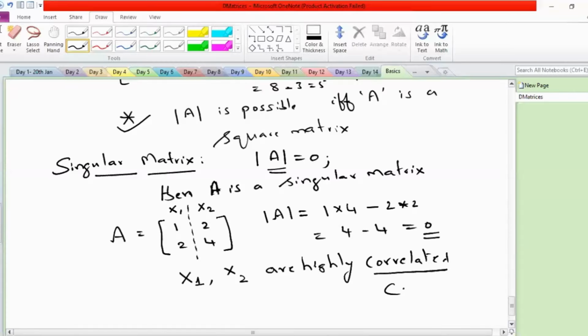In R you use cor, the correlation function in R programming. This statement is very powerful and very important, especially when you get into machine learning and regression analysis. You need to identify the columns in such a way that they are highly independent.